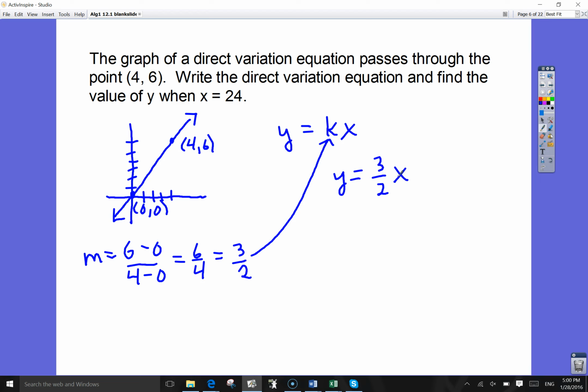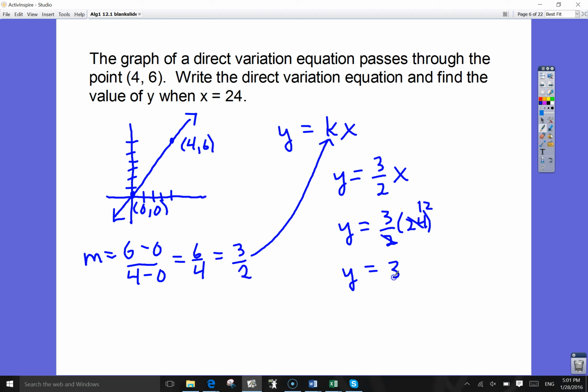Okay, now we can answer the question. Find the value of y when x equals 24, right? So when x equals 24, we get y equals 3/2 times 24. And that is y equals, the 2 goes into 24 12 times.